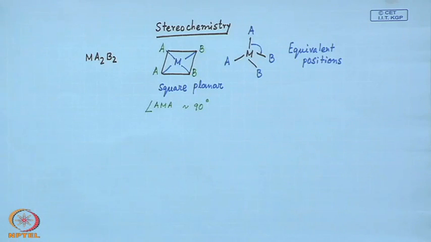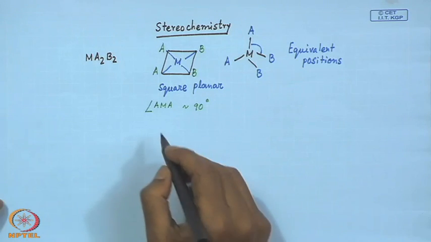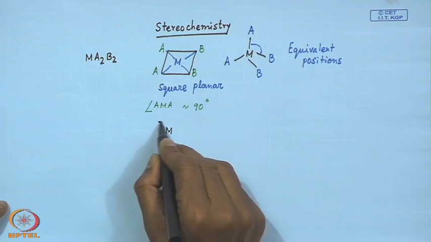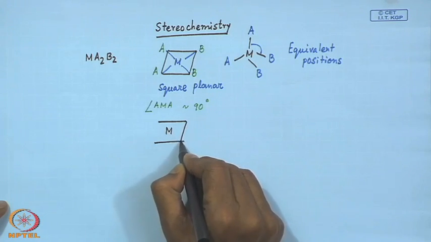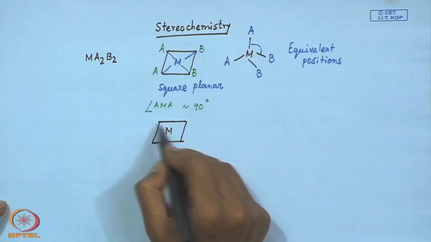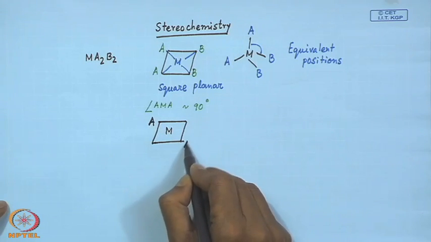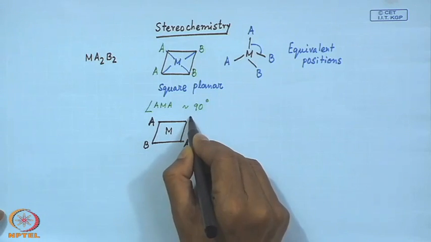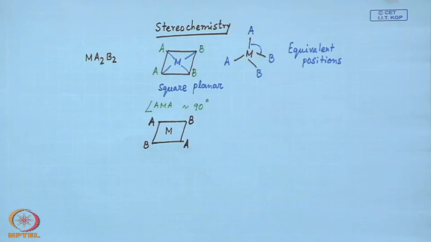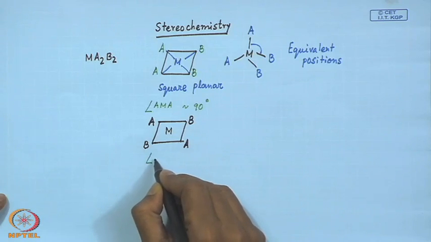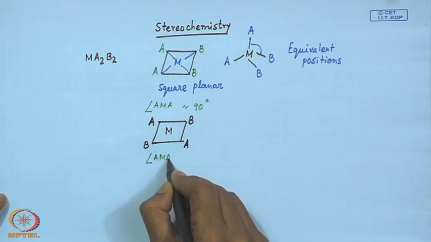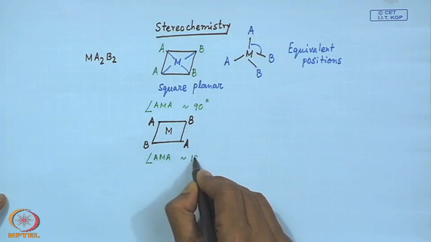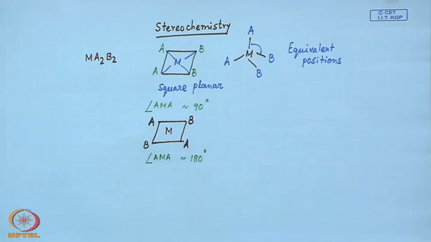We will have one particular isomeric arrangement, and definitely we can have another type of arrangement where M is there and we interchange the positions of A and B. Now, if we put two A groups diagonally opposite and two B groups also diagonally opposite, we get a corresponding A-M-A angle, which is the characterizing value for these two groups, close to 180 degrees.